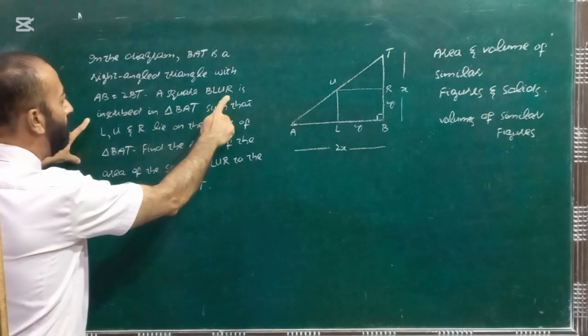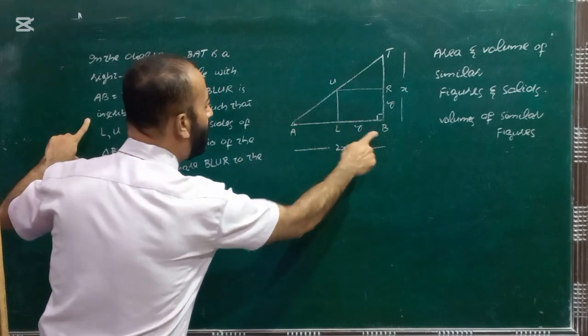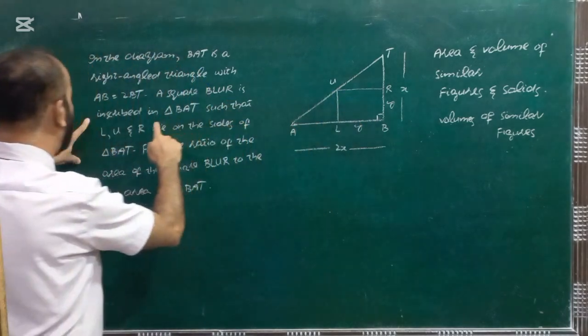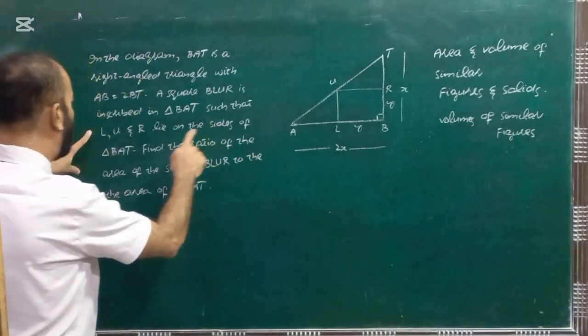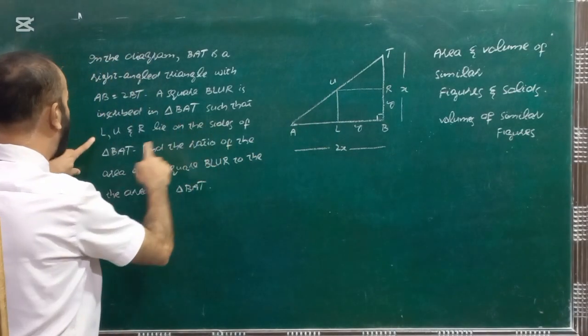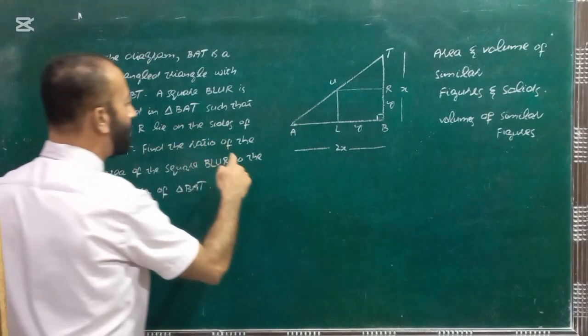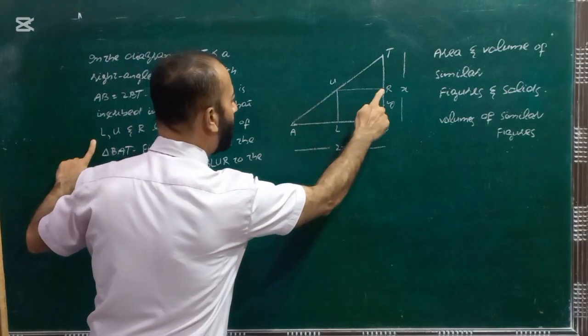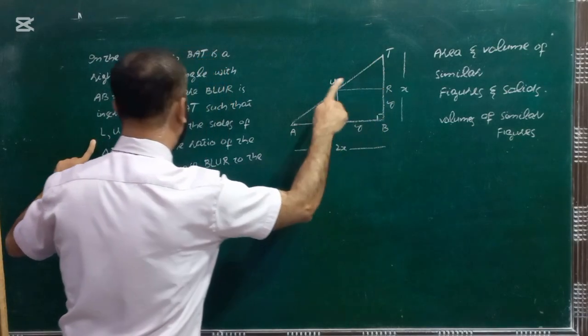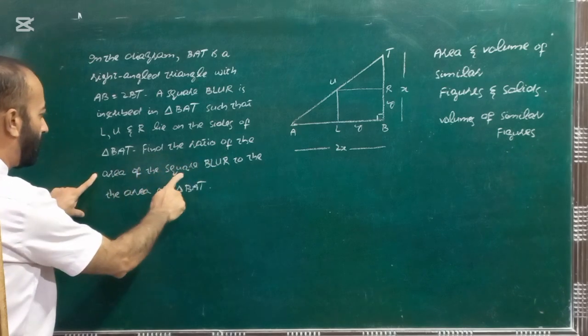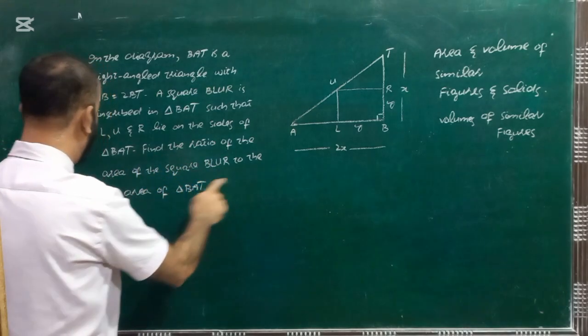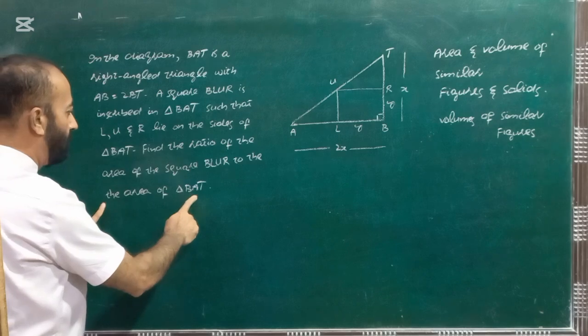BLUR is a square inscribed in the triangle BAT, such that L, U and R lie on the sides. So L, U and R are lying on the sides of the triangle BAT. Find the ratio of the area of the square BLUR to the area of the bigger triangle BAT.